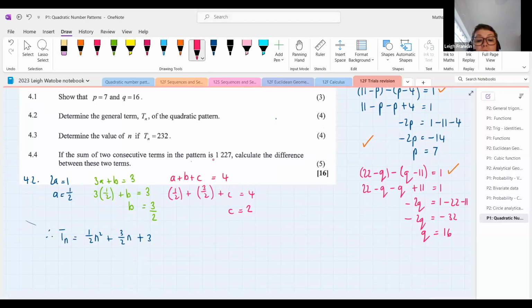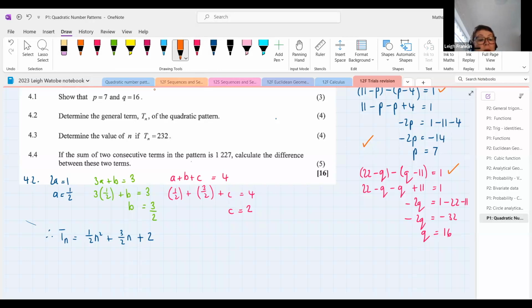So on my calculator, I pressed 4 minus a half and then I minused another half instead of 3 over 2. I didn't look at it carefully. All right, so let's just correct it here as well. That should be 2.